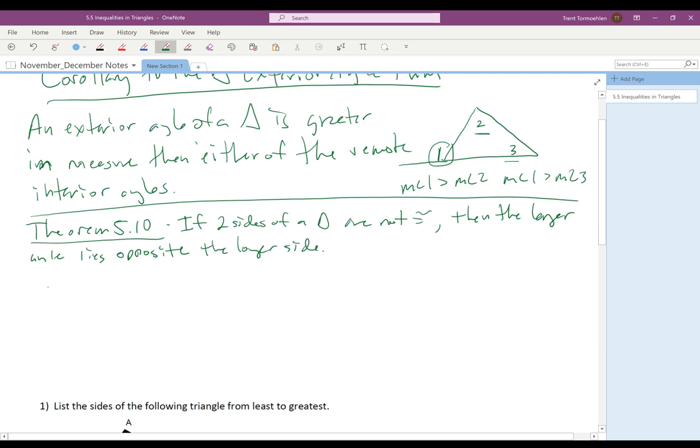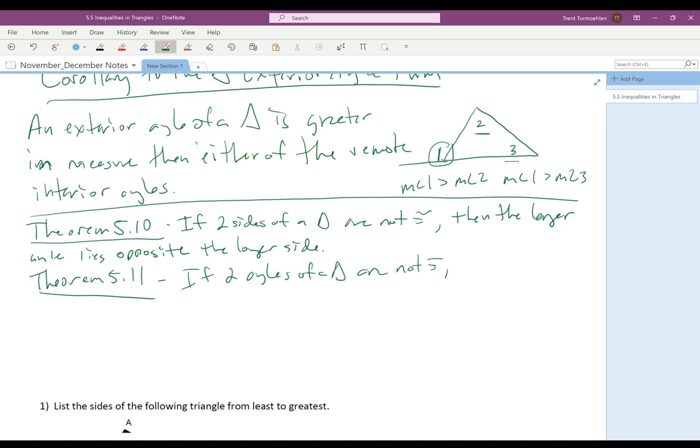And then theorem 5.11 says the exact opposite of this. It says if two angles of a triangle are not congruent, again, remember, like the converse of the isosceles triangle theorem that starts off with if two angles of a triangle are congruent, then opposite sides are also congruent.